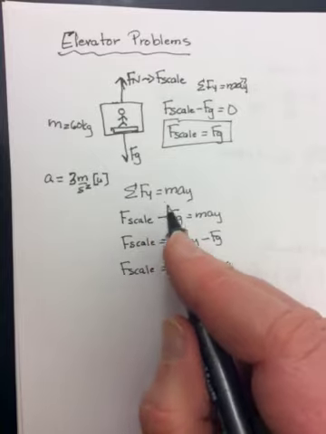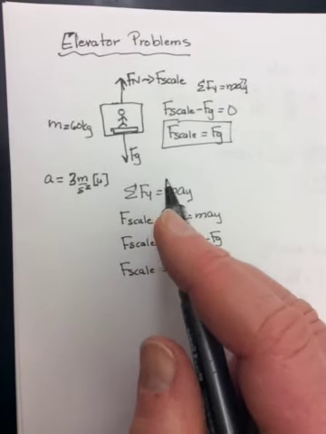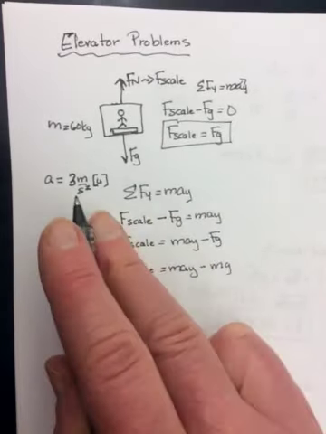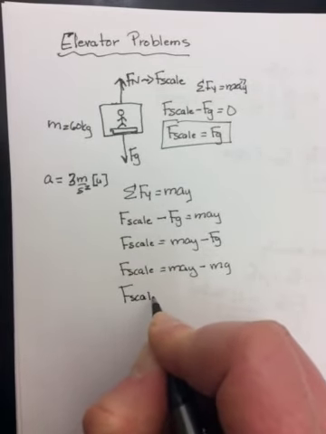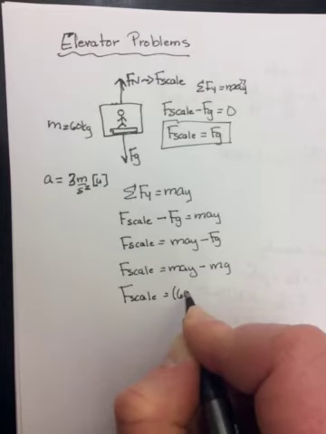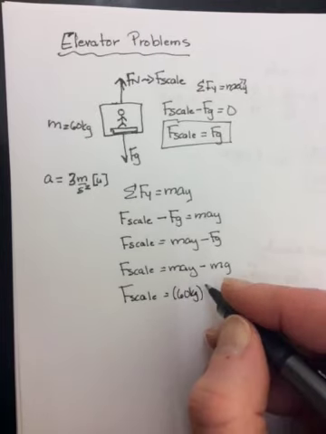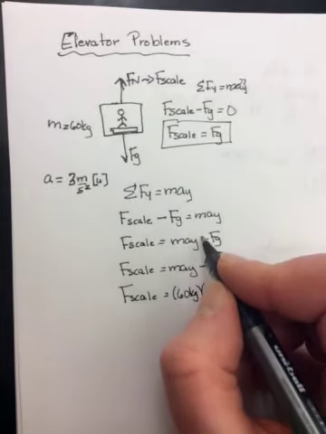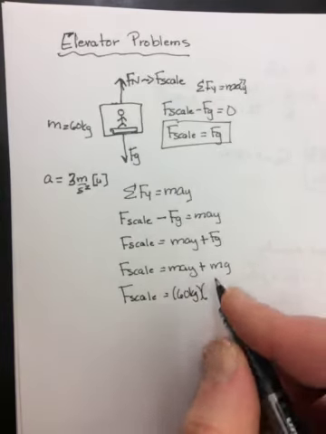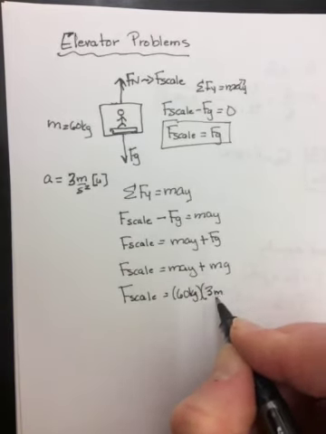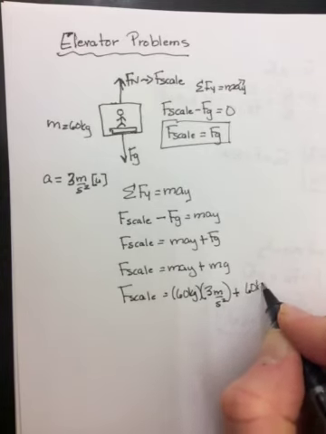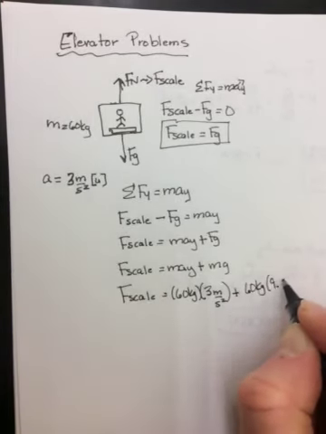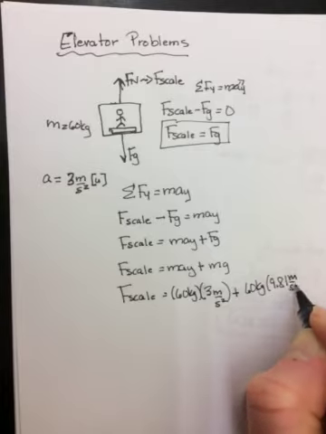Now, because I put my Fg in as negative, it means I'm calling down negative, which means I'm calling up positive. So I can fill my numbers in here. So I have 60 kilograms times 3 meters per second squared plus 60 kilograms times 9.81 meters per second squared.